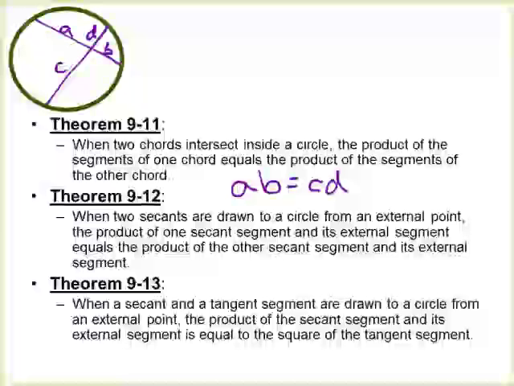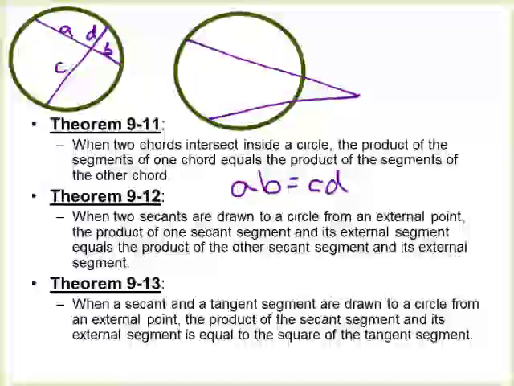The second theorem says when 2 secants are drawn, so secants are like chords that just keep on going, it says the product of one secant segment and its external segment. So what that means is when we have a secant, we're going to consider the whole length and the outside part.